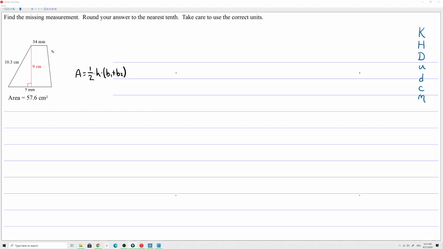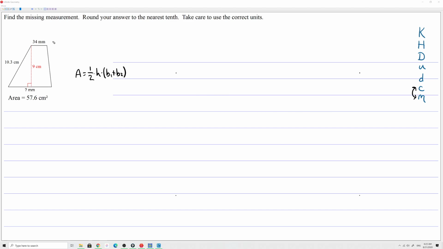Now, it's simplest to convert the one-dimensional units, these lengths, to be the same as the area. So we need to convert this base, 34 millimeters, to centimeters. So over on the other side of the screen, I've already written the old mnemonic for the metric system. We're interested in the lowercase c and the lowercase m.